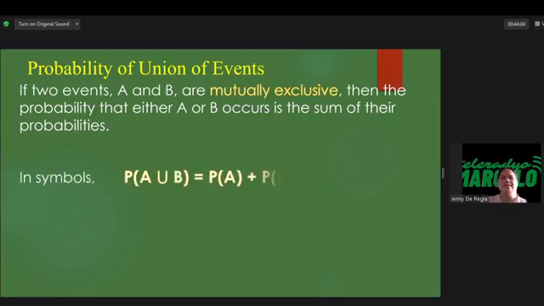In symbols, the probability of an event A union B is equal to the probability of an event A plus the probability of an event B. No more subtraction because these are mutually exclusive events.